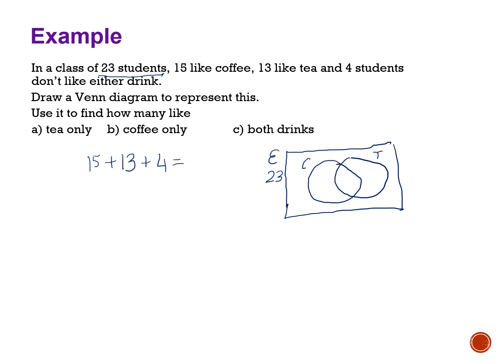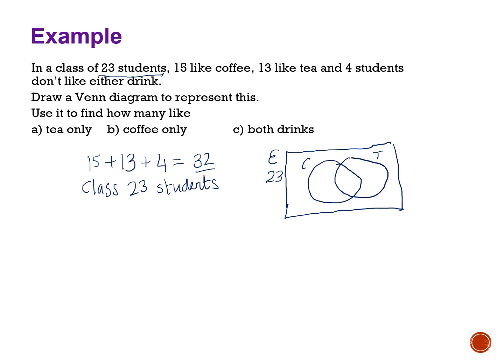Now, if I add all of those together, so 15 plus 13 plus 4, that gives me 32. Now, I can make use of that to work out how many like both of them. The way I can make use of it is my class is 23 students. When I add up the things that they've mentioned, I get 32.